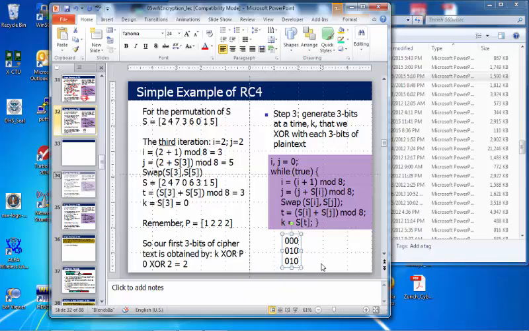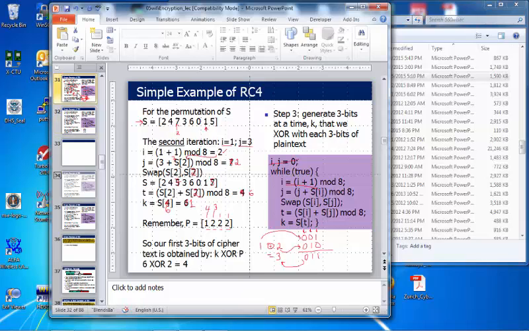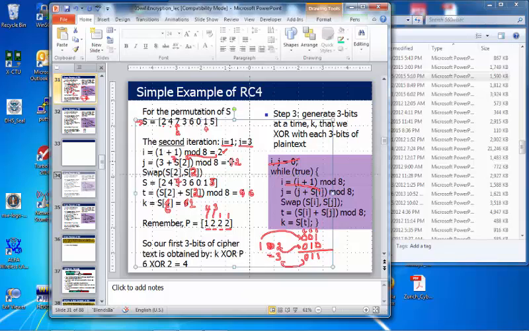This is the third iteration. I want to take a look at this to see if it is correct. I need to change this. Should be number 2. Okay.